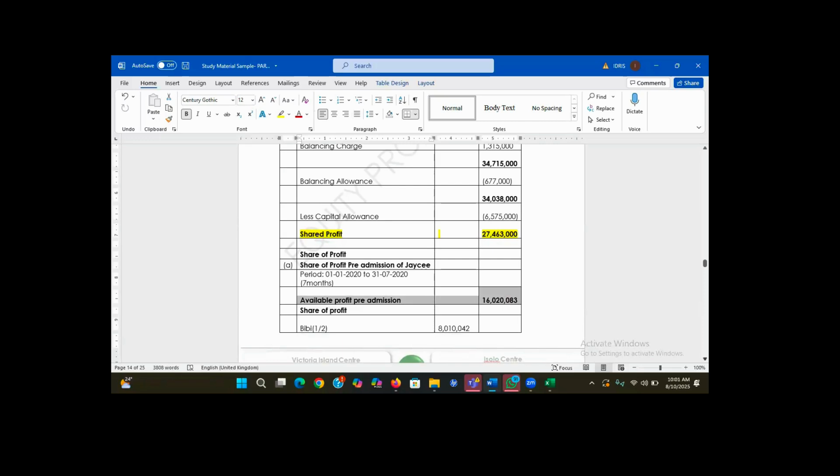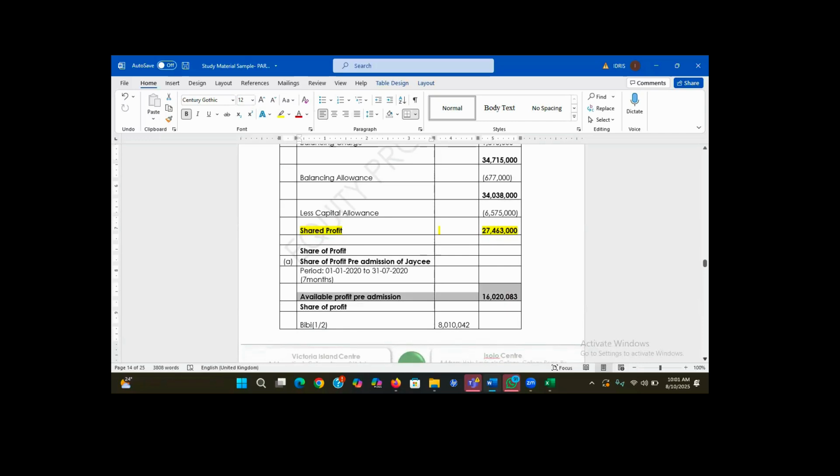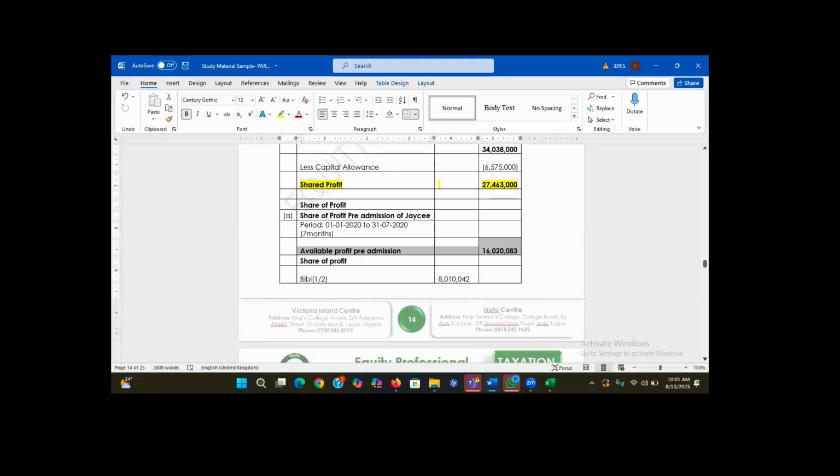How many partners exist before they admit JC? 3 partners. We share it based on the profit sharing ratio they were using before they admit JC. Do you understand it? Yes, sir.